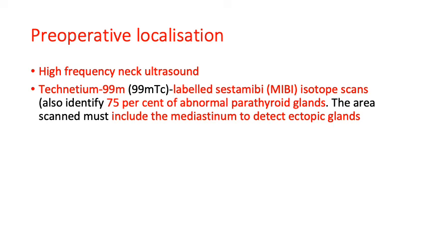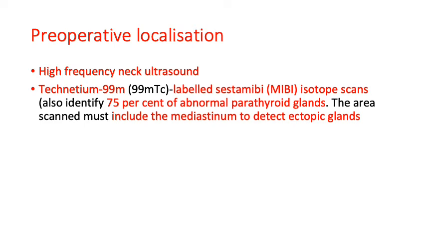Very important before the surgery, you should localize the hyper-functioning parathyroid gland. As we said, we have 4 parathyroid glands. It might be a single adenoma, or it might be hyperplasia of all 4 glands, or it might be multiple adenomas or carcinoma.